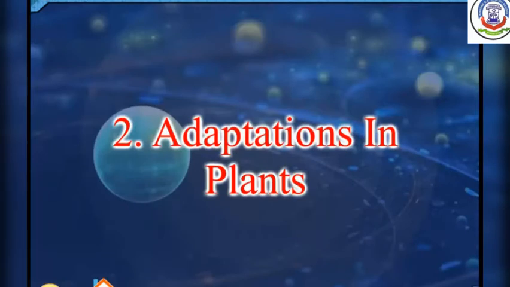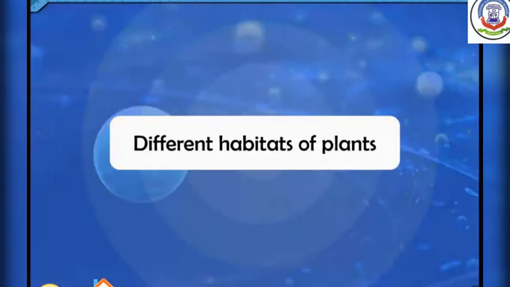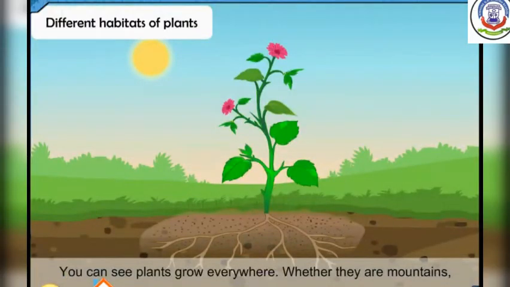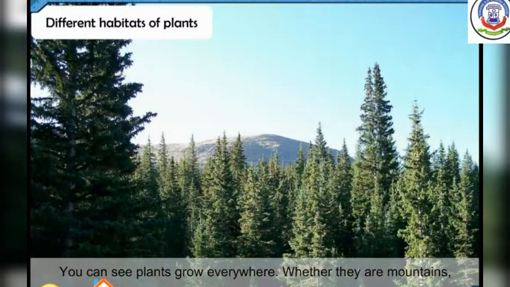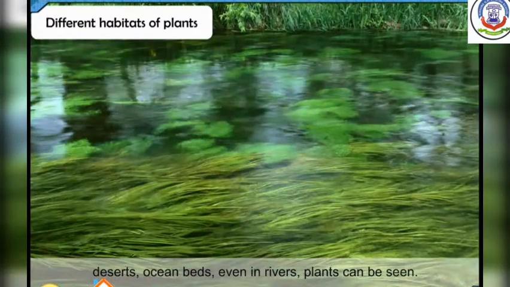Adaptations in plants. You will learn different habitats of plants, unusual plants, grass family plants. You can see plants grow everywhere, whether they are mountains, deserts, ocean beds, even in rivers, plants can be seen.